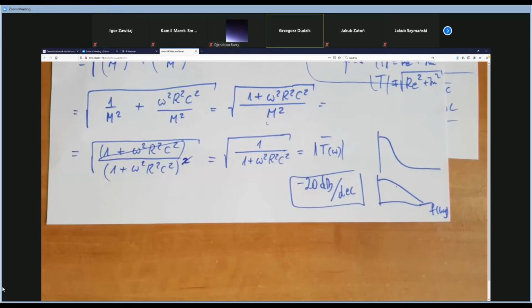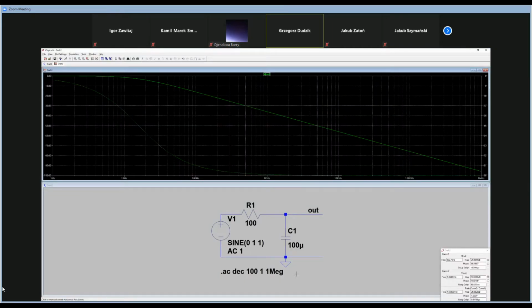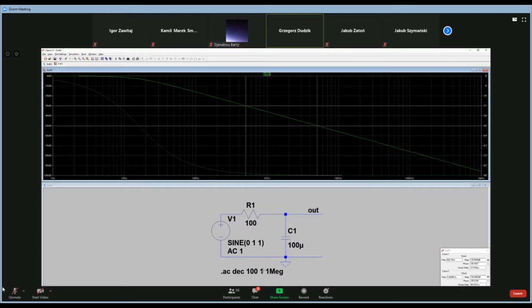Please tell me, do you see our circuit somewhere else, and maybe you will be able to name it? What is it? Low pass filter. Yeah, RC filter. Yeah, that's right. This is the RC filter, but this is the low pass filter.